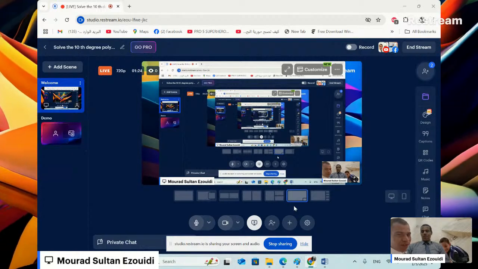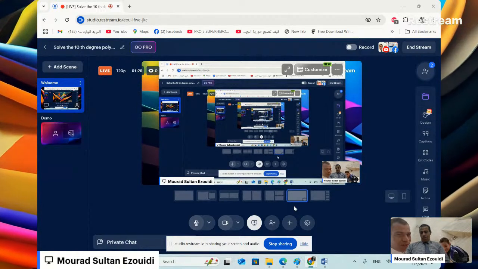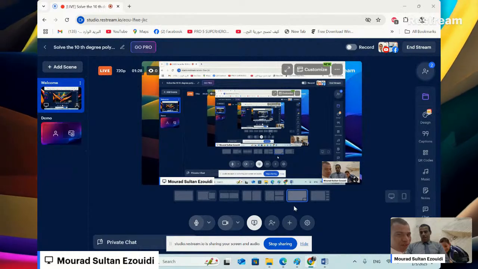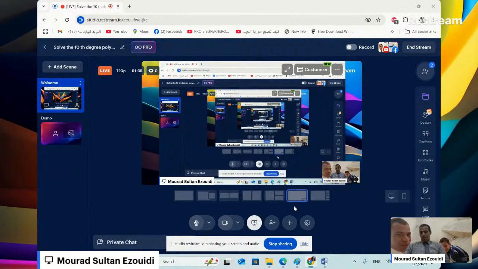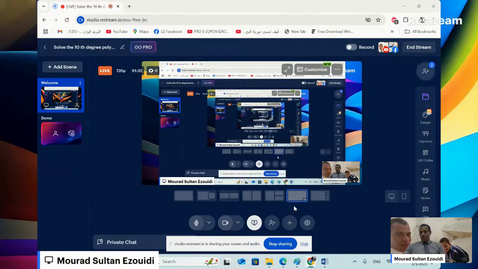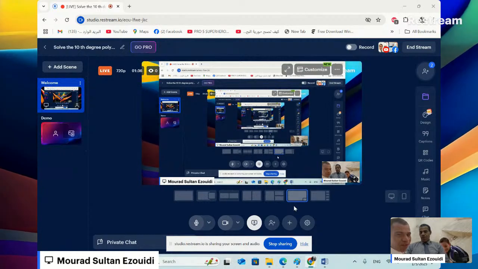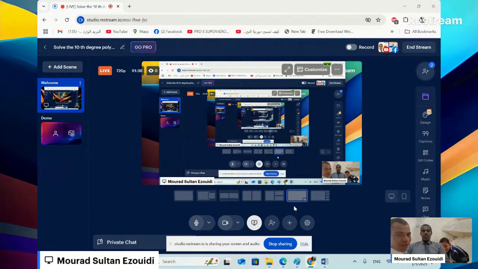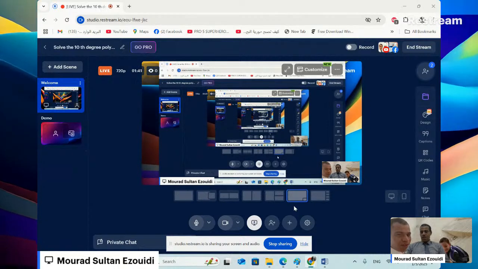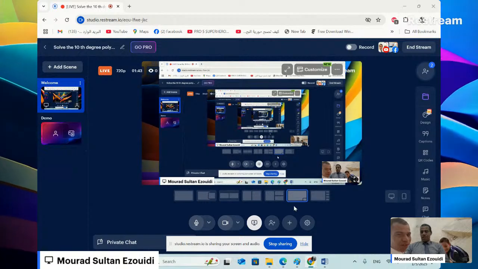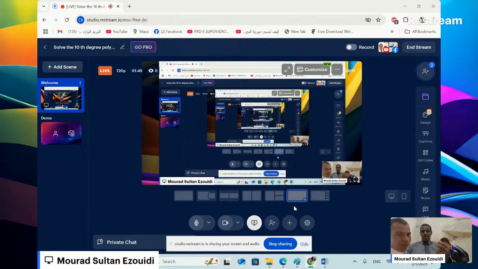Okay, so let's start, my kids. It's an occasion for you to learn how can you use the discrete formula and then find the exact roots.